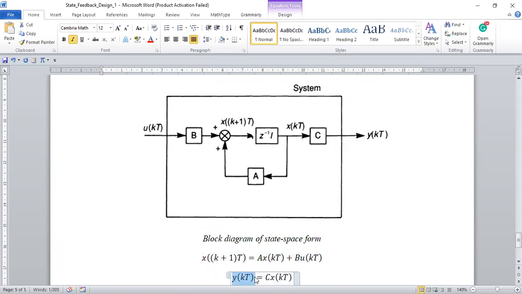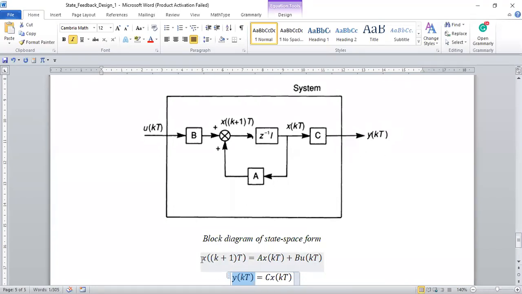Look, y is the output. We know that y is the output. So this is C. C multiplied by x of kT will give you y of kT. So that's what you have here, because y is the output, it is always on the right hand side.